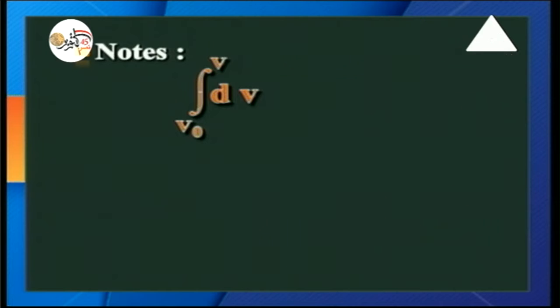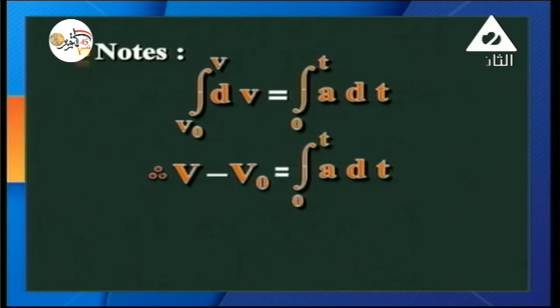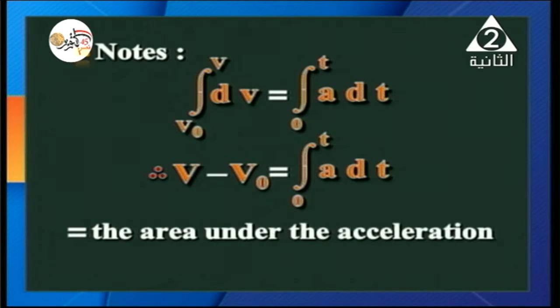Note that the integration from v naught to v of dv equals what? It equals the integration from 0 to t of a dt. The left hand side is v minus v naught, which equals the integration from 0 to t of a dt, or the area under the acceleration-time graph.